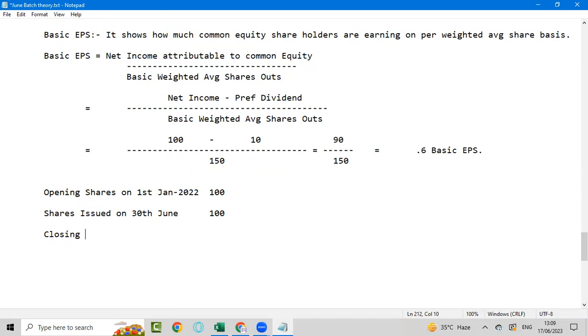Then closing shares on 31st December 2022 are 200.